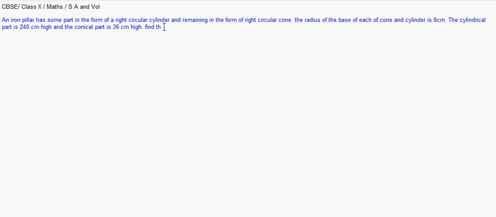Find the weight of the pillar if 1 cubic centimeter of iron weighs 7.8 grams, which is the conversion rate given.